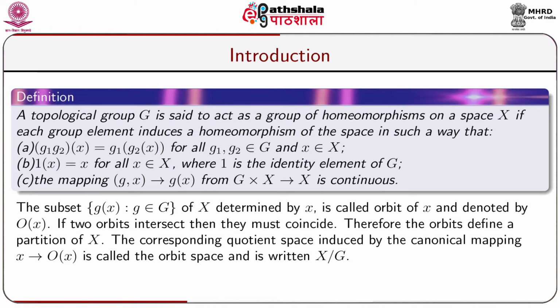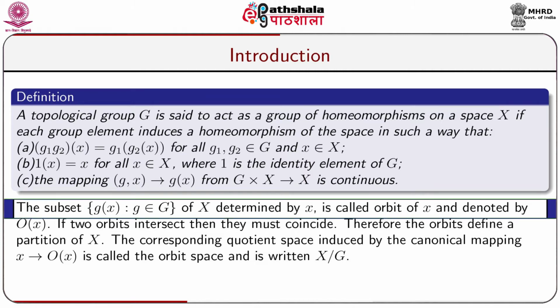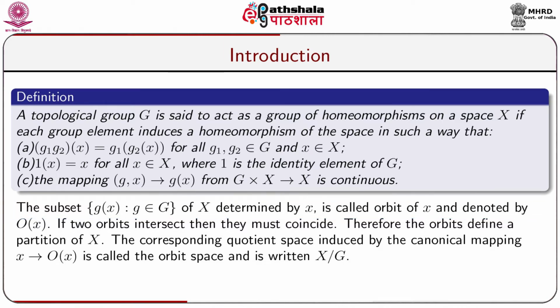Now, let G be a group which acts on a topological space X. Then the set {gx such that g belongs to G} is called the orbit of x and is generally denoted by O(x). One can easily observe that any two orbits are either identical or disjoint.